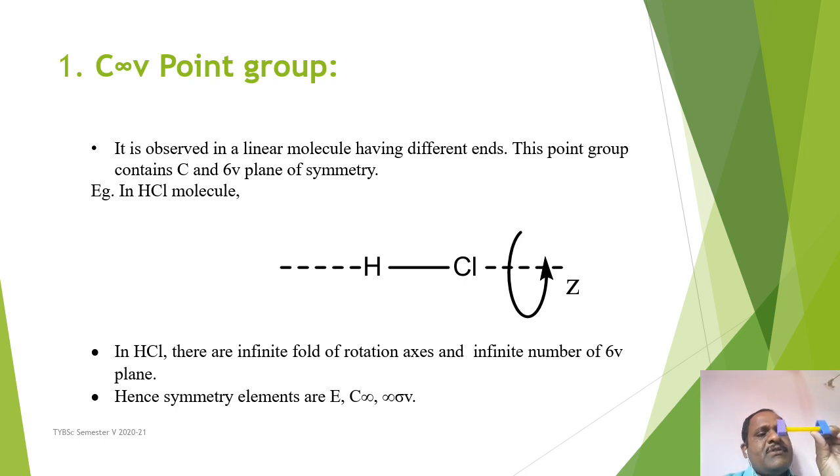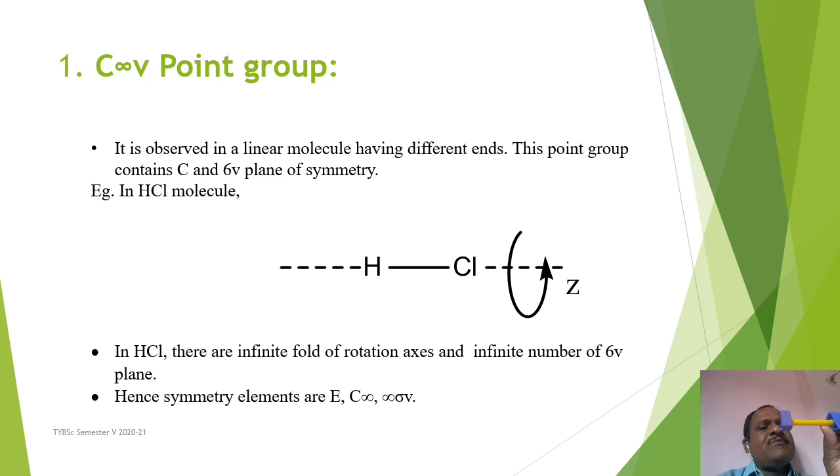Here in this particular example, you can understand that these two different colored shapes, let's say the blue shape is hydrogen, and the other purple shape is Cl. So this is a linear molecule. These two are joined together by a bond, right?